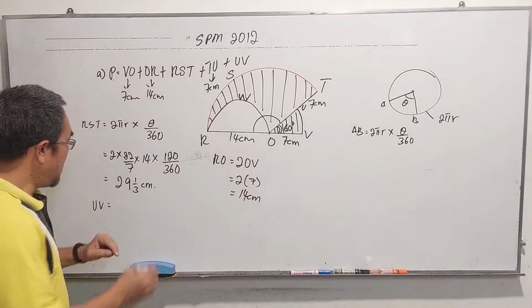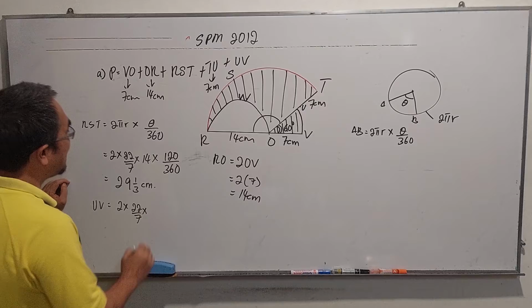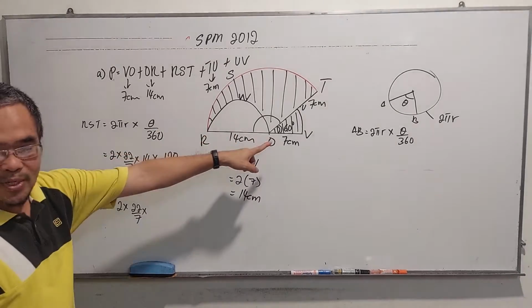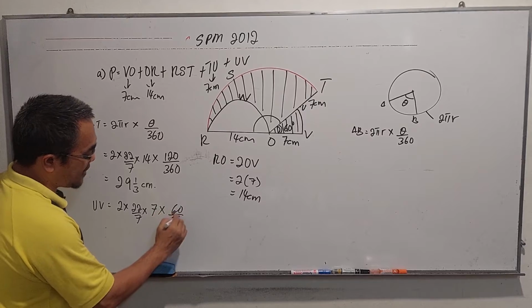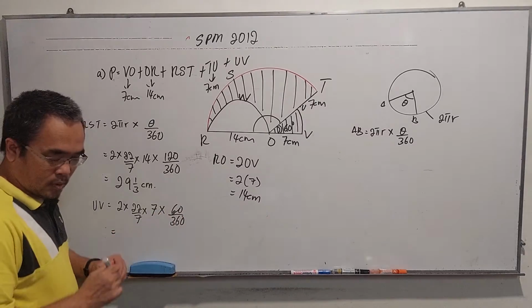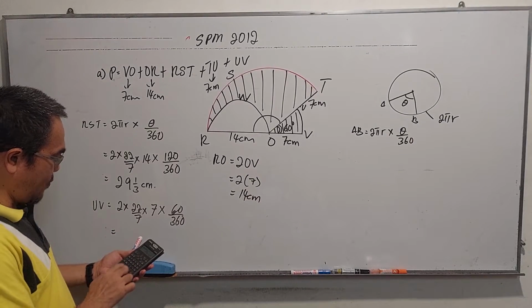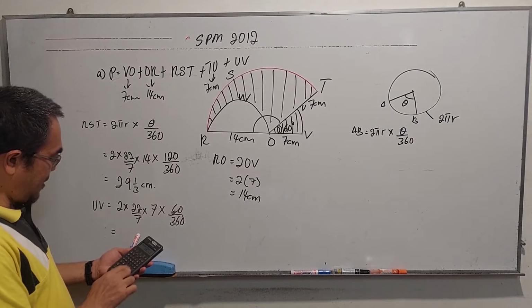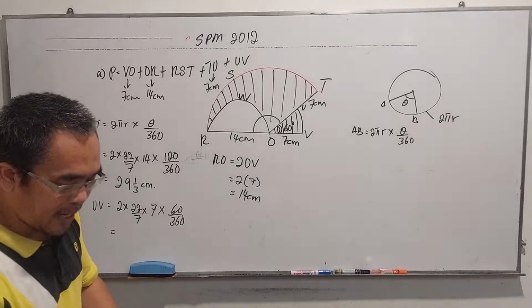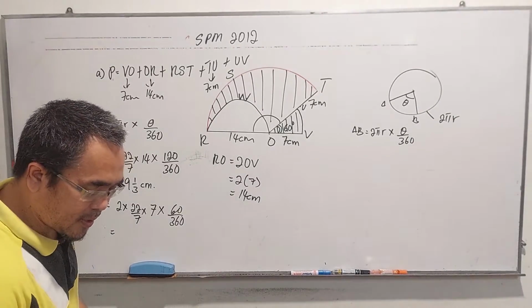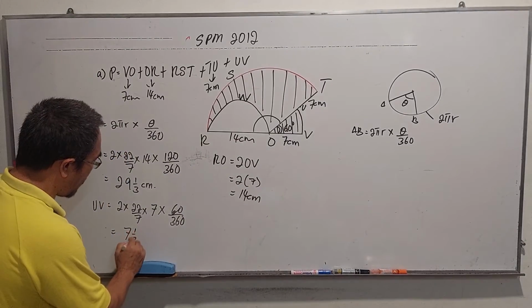Same formula: 2 times 22 over 7 times radius, now 7, times 60 over 360. That is 7.33, which is 7 1/3.